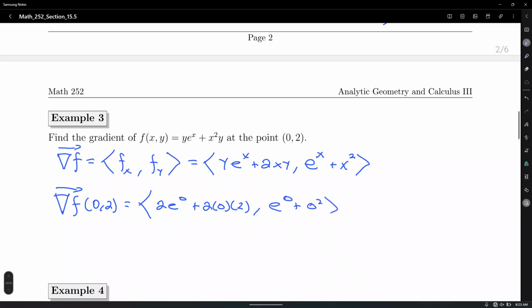That's going to result in, well, that's 0. e to the 0 is 1 times 2. That's a 2. And what else? e to the 0, which is 1, plus 0 squared, which is 0. That's just 1. So that is the gradient.